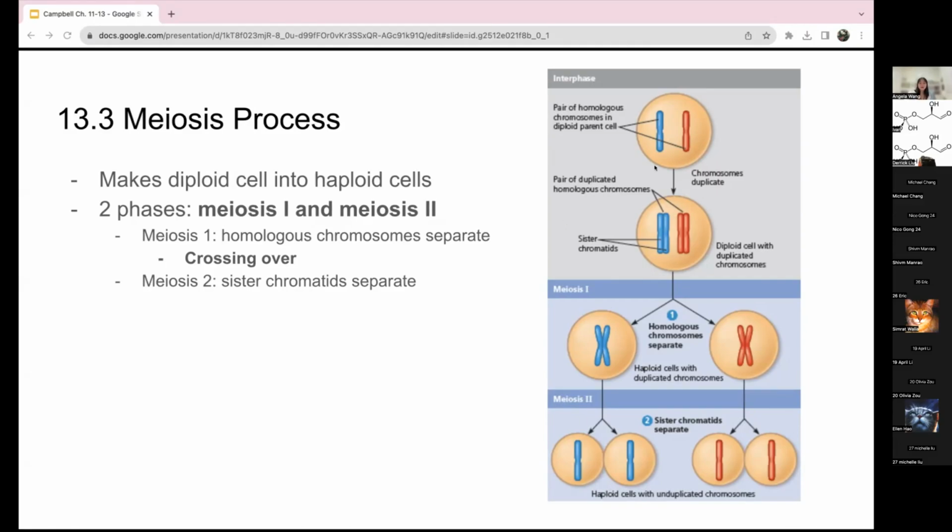While in mitosis, you get 2 daughter cells in total from one cell, during meiosis, you get 4 daughter cells from one cell. Also, during mitosis, you have diploid daughter cells, but in meiosis, you get haploid daughter cells.